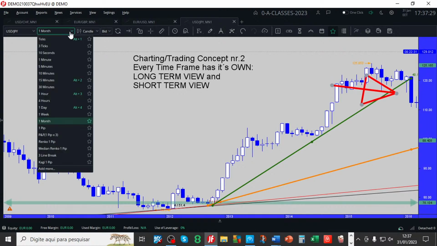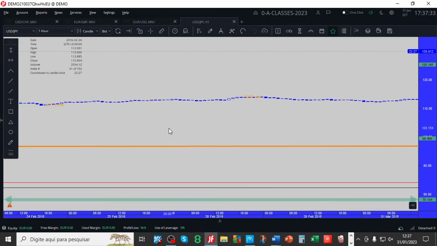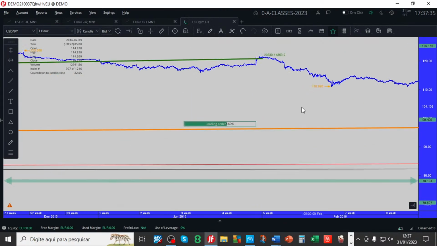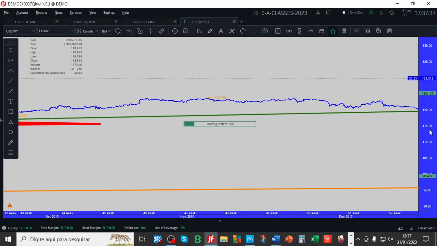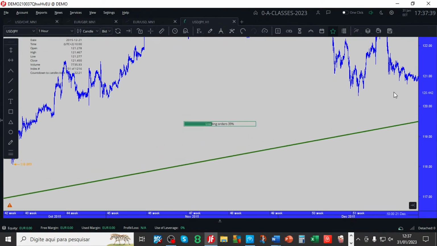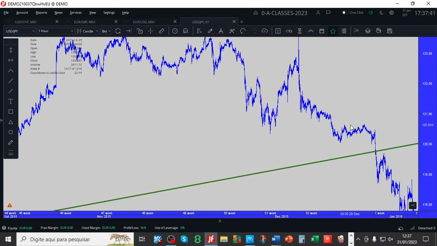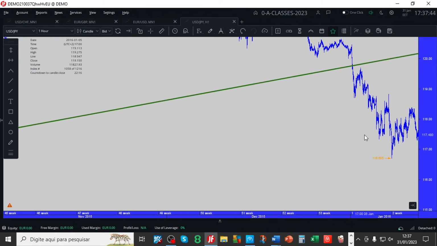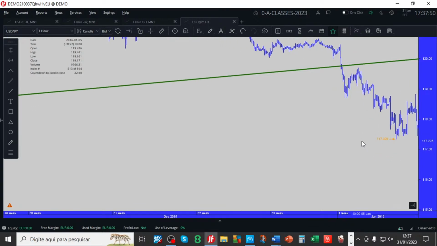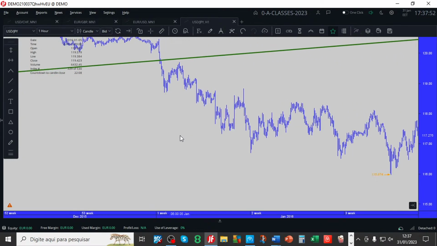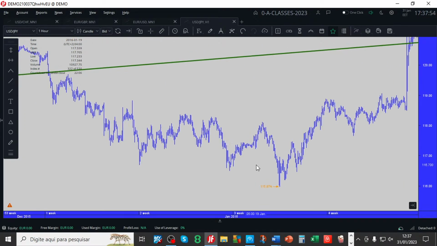What if I go on the 1 hour chart, everybody, unknowingly, and I'm shorting the market, and shorting the market, and shorting the market.